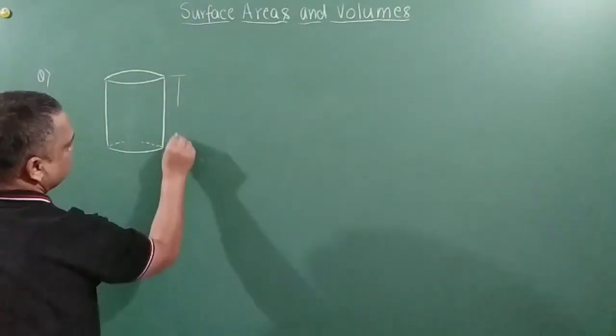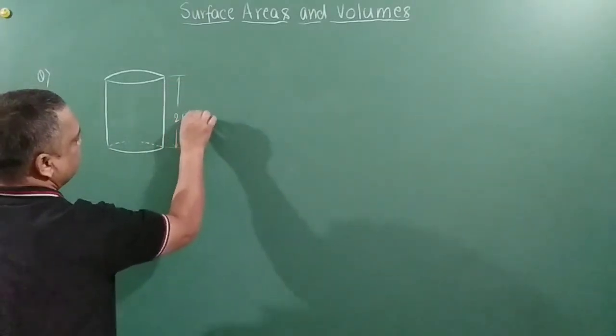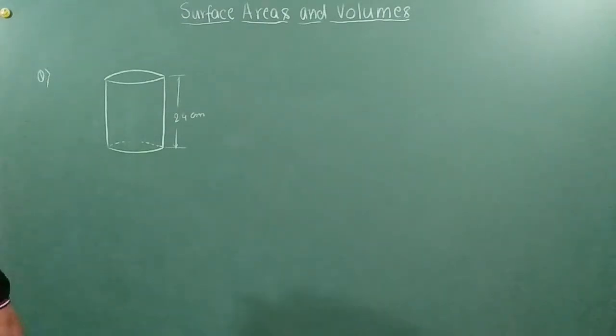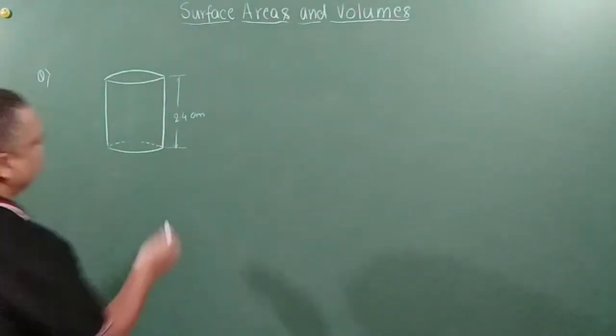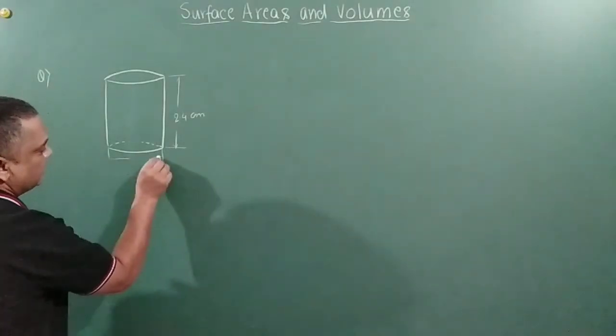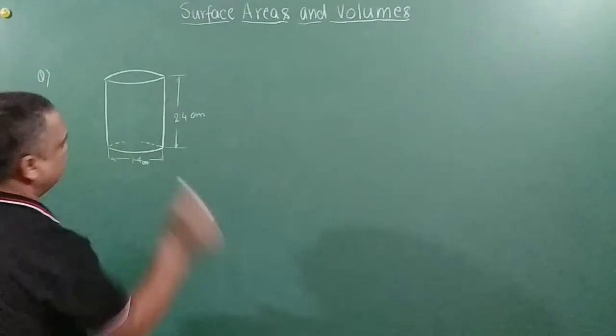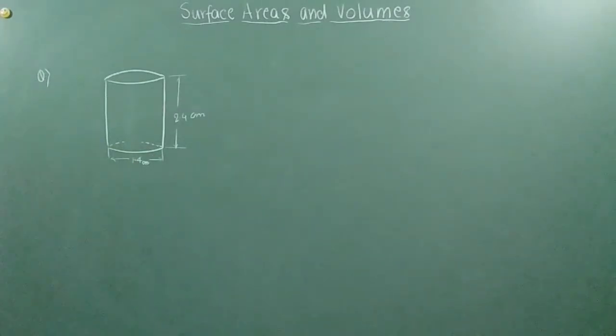This height is 2.4 centimeter and diameter is 1.4 centimeter, that means from here to here it is 1.4 centimeters, right? And it is said that a conical cavity of the same height and same diameter, okay, is hollowed out.